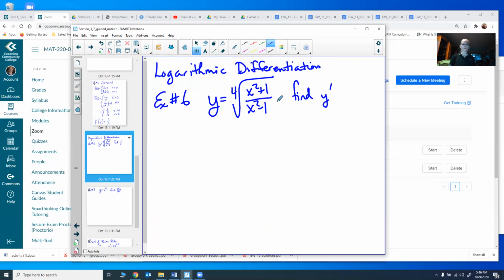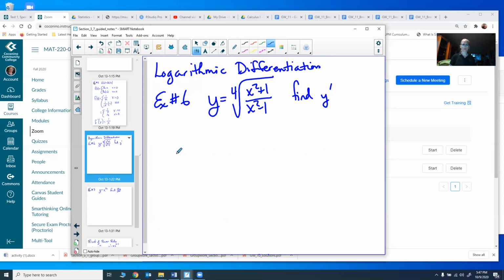I can do this using the chain rule and the quotient rule without any trouble. I could even make this into the 4th root of x squared plus 1 over the 4th root of x squared minus 1, then write them as one with a negative exponent, and find the derivative with that product. So I could even do it that way. But I'm going to use logarithmic differentiation.